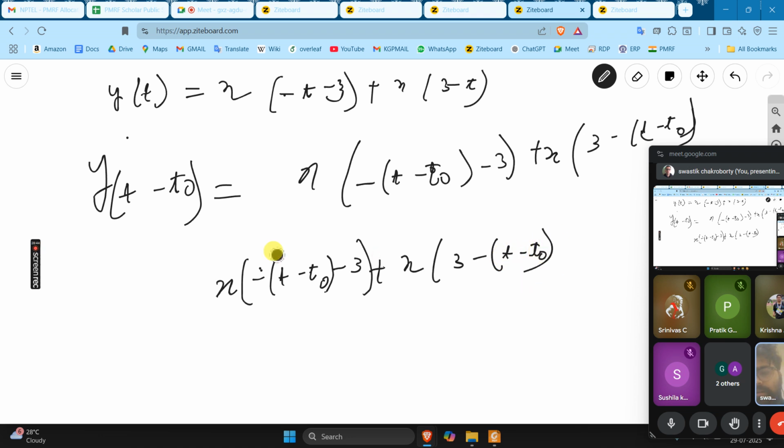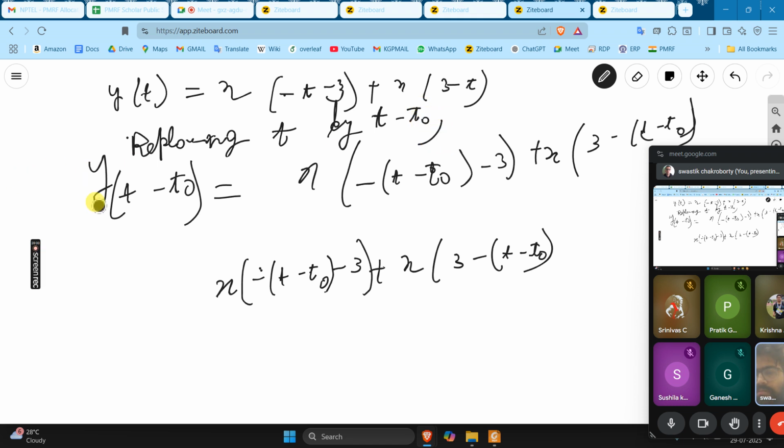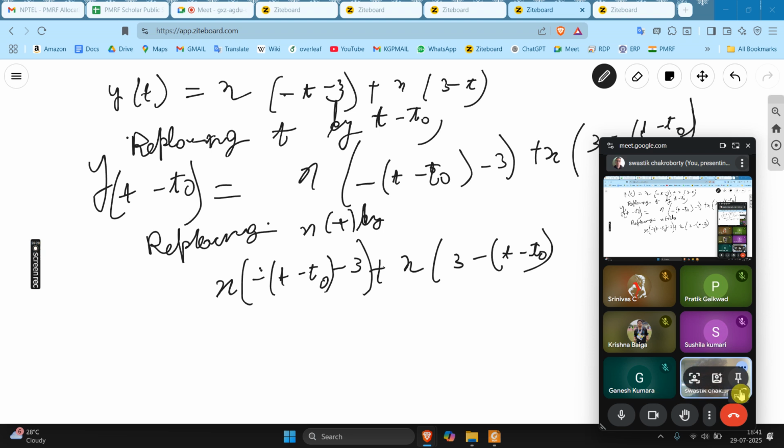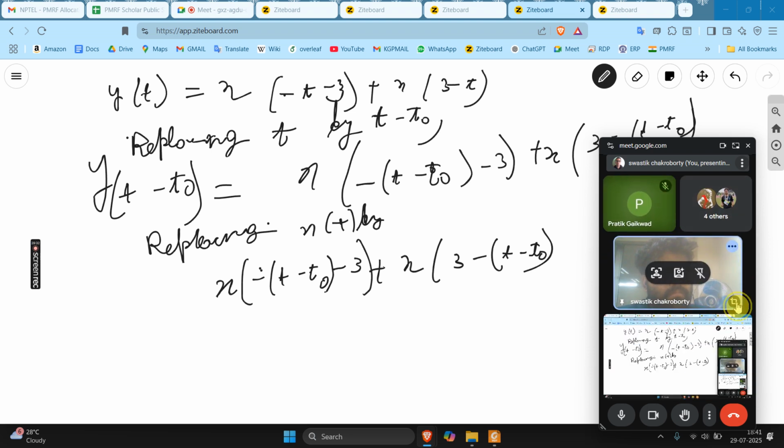Now these two will look identical. This is replacing t by t minus t naught, and this is replacing x(t) by x(t minus t naught).